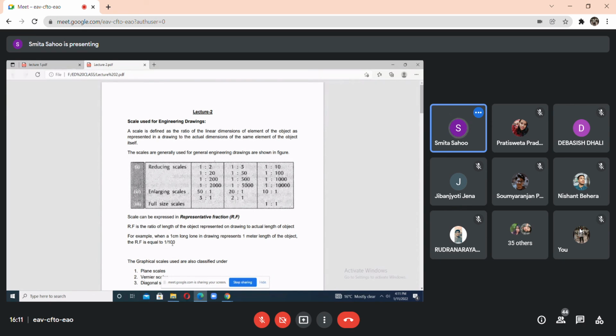1:100. Why is it 1:100? Can anybody tell me? Can you define the scale? Why does 1 centimeter on a line in a drawing, when it represents 1 meter length in actual, get said as 1:100?